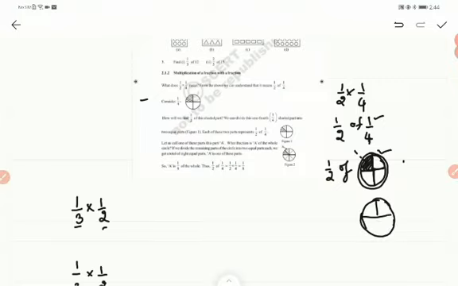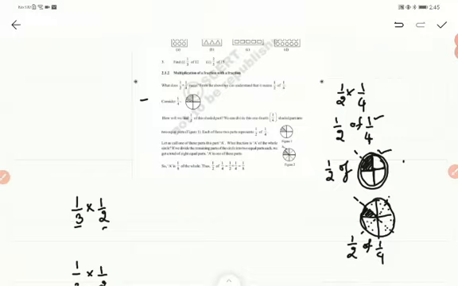So only this portion is shaded now. So this is nothing but 1 by 2 of 1 by 4. What does this mean? If I divide all like this, it is basically divided into how many parts? 1, 2, 3, 4, 5, 6, 7, 8.